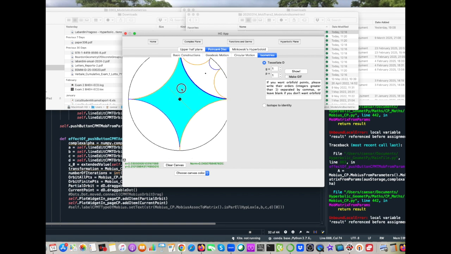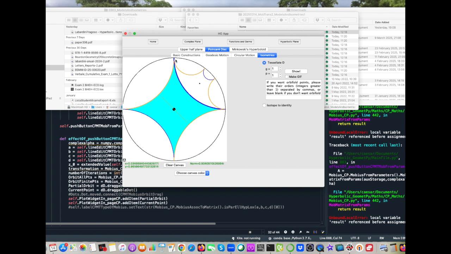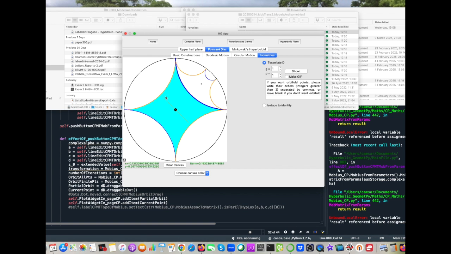What lies behind this is that I took a hyperbolic Mobius transformation mapping this segment of circle to this segment of circle. It sends the Euclidean middle point here to the Euclidean middle point here, and this one to this one. We know there's exactly one Mobius transformation with that behavior.